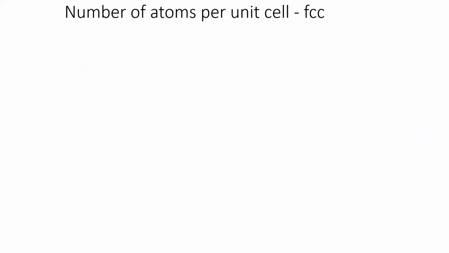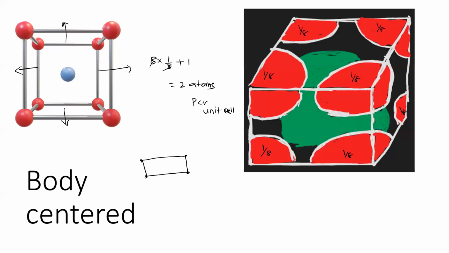Sir, for the BCC, you calculated the number of atoms as 2 atoms per unit cell, is it for one unit cell or a combined result for 2 unit cells? For this particular unit cell, there are 2 atoms. Then why did you draw 2 unit cells in the previous diagram, sir? Because for understanding. It was to show that it is not shared with other things.